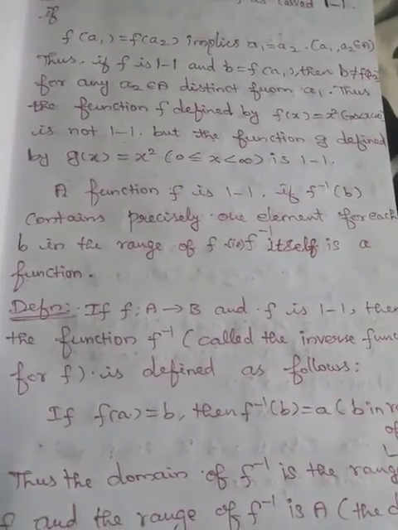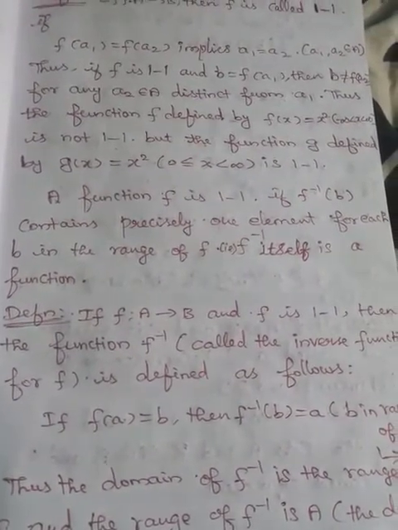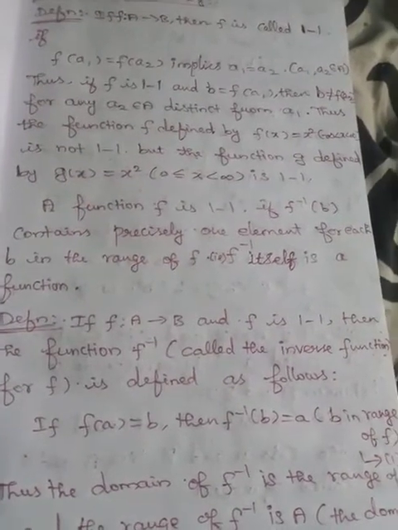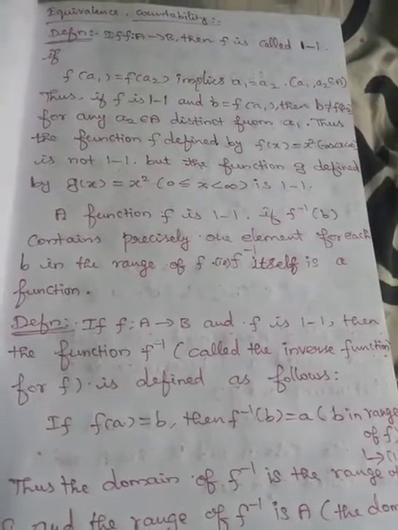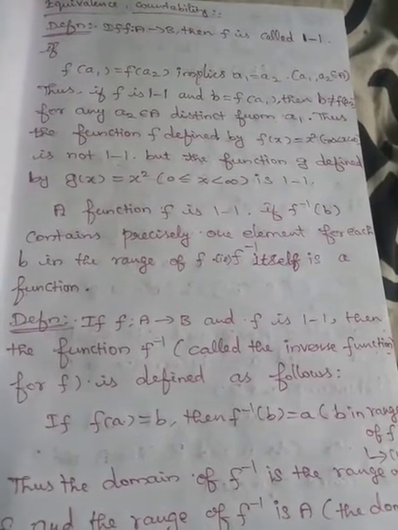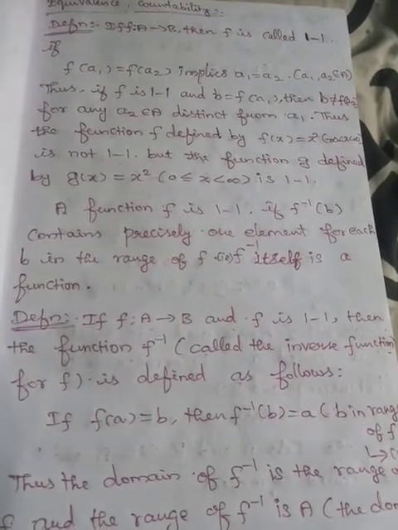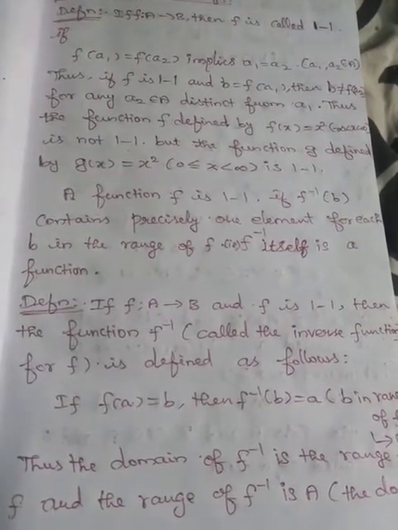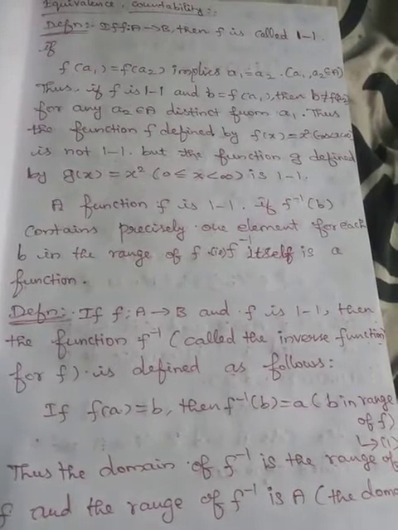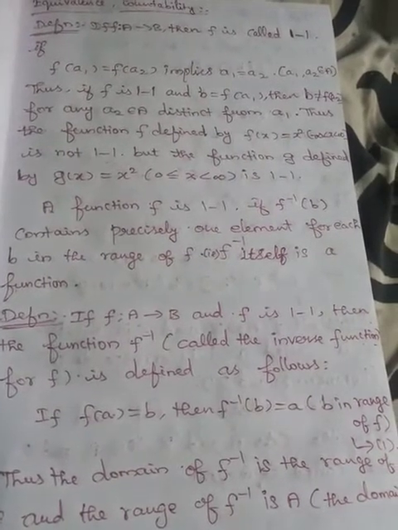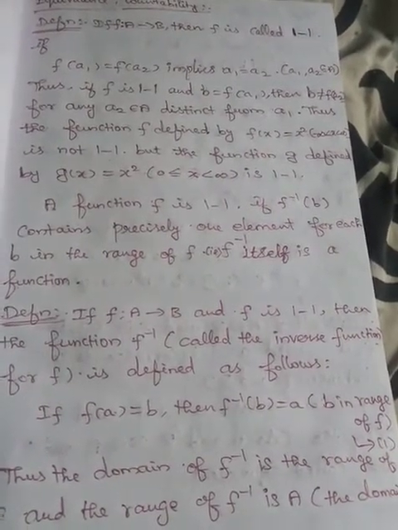Next definition, if f A tends to b and f is 1 to 1, then the function f inverse, called the inverse function for f, is defined as follows. If f of A equal to b, then f inverse of b equal to a, b in the range of f. Equation number 1.